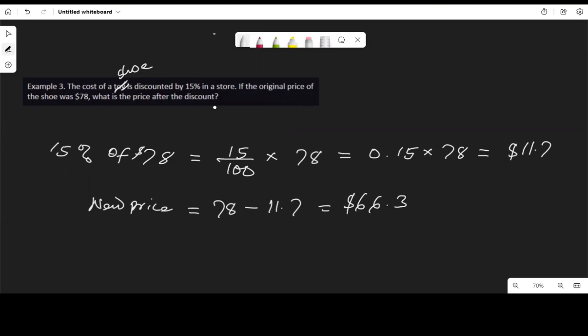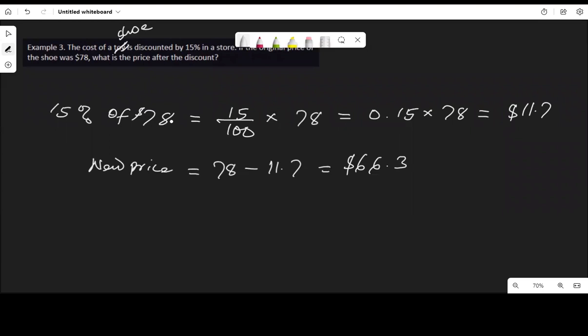Another method is, since we are talking about discount here, that means we are going to decrease the price by 15%. So the original price, which is $78, is a 100% price. The discount, we will get that by subtracting 15% from 100, since the discount is 15%. So 100% minus 15% is 85%. We then find 85% of $78 to get this discount price.